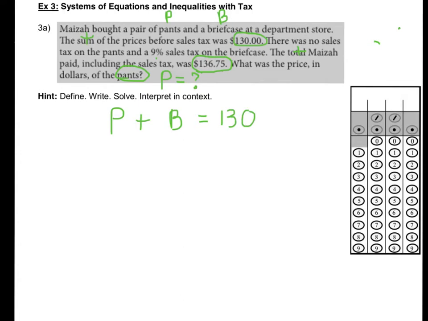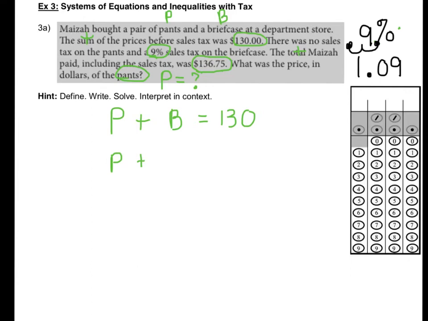Next, it tells us there was no sales tax on the pants, so again, it's just going to be a plain P, but we have to multiply the briefcase by our 9% sales tax. So we're going to do the little trick that I told you up there, which is to change the 9% to a decimal. So it starts right here. We're going to swoop it 2 times. So the decimal's 0.09, and we're going to put a 1 in front of it.